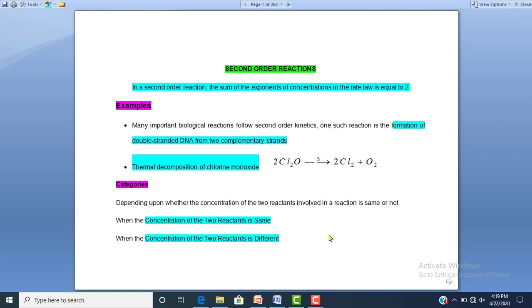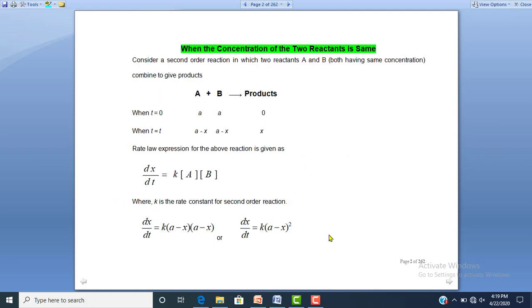Now in the remaining lecture, we will study both these categories separately. In the start, we will study second order reaction when the concentration of the two reactants is the same.